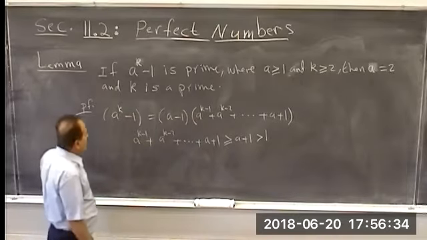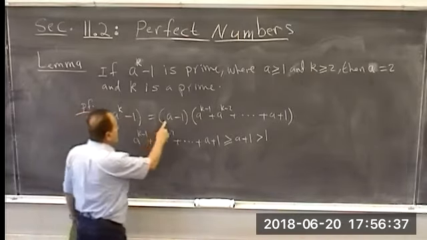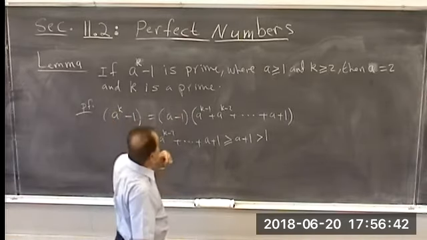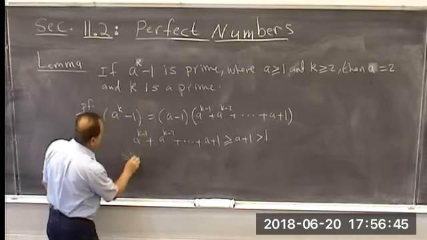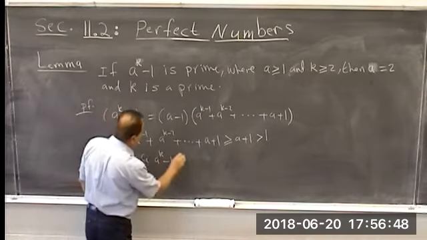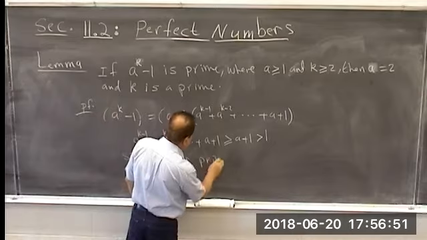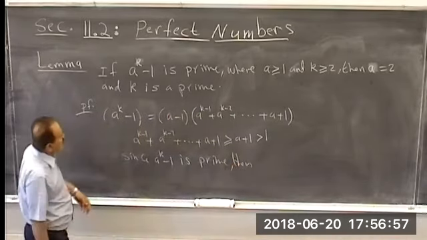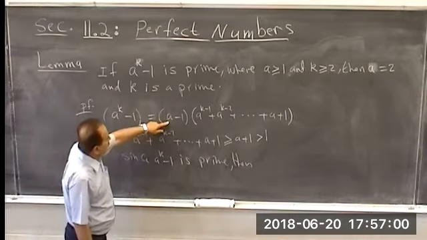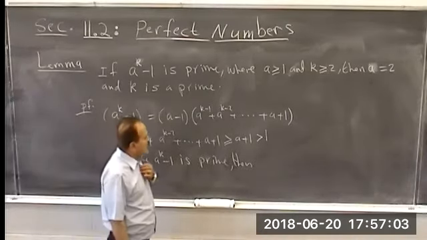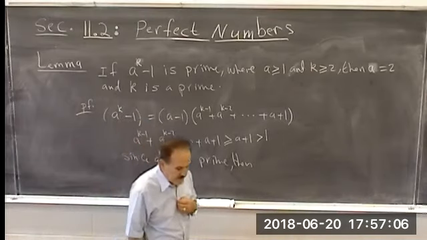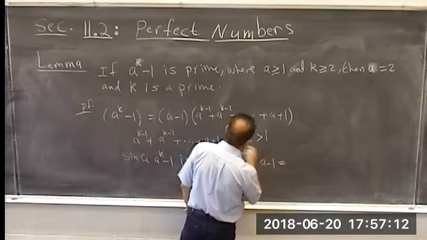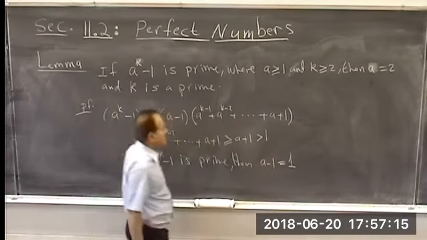So in other words, we have a^k minus 1 is (a minus 1) times a number that is bigger than 1. Now, since we are saying this is a prime, then we must have, since this factor is bigger than 1, the only way this can be true is if a minus 1, the first factor, is equal to 1, right?